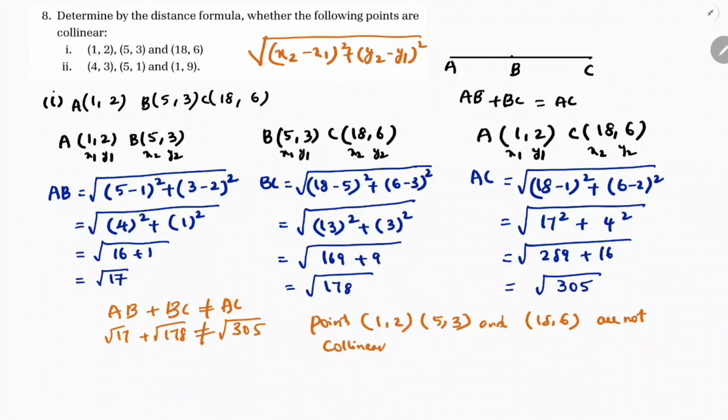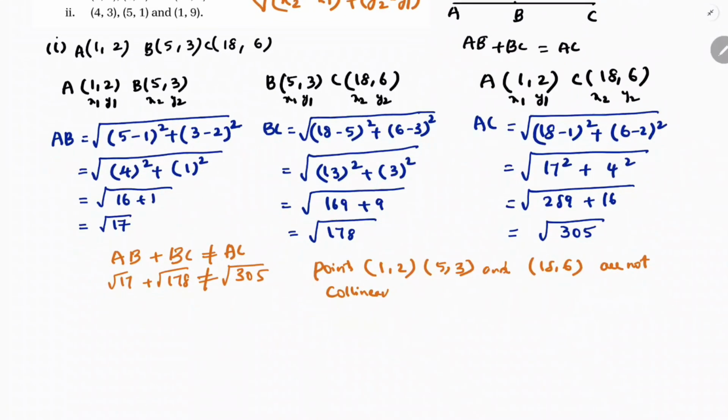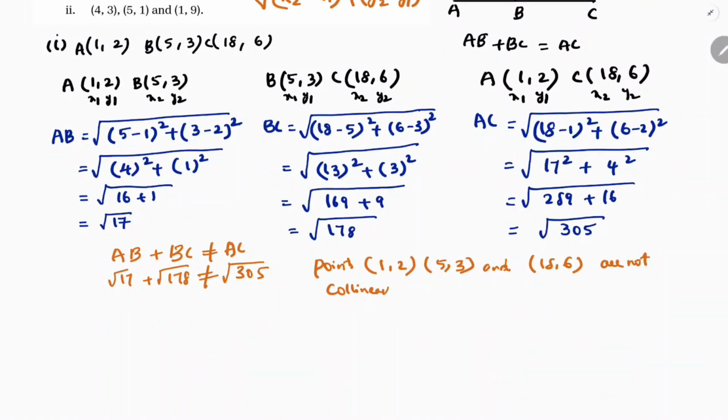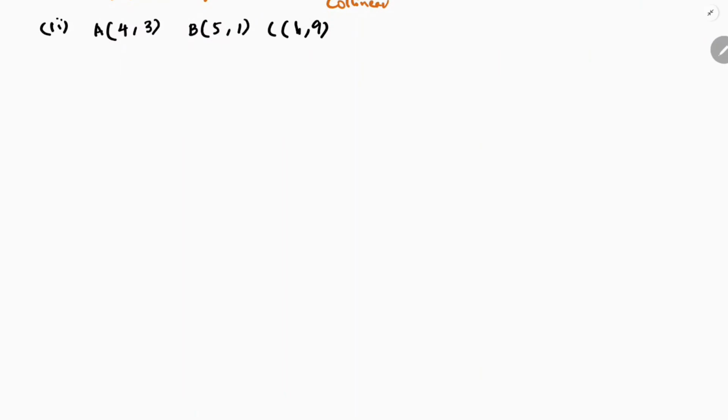Now in the same way I'll find the second part. The three vertices are A 4 comma 3, B 5 comma 1, C 1 comma 9. Now we'll check for this. First we'll find for A and B. A 4 3, B 5 1.